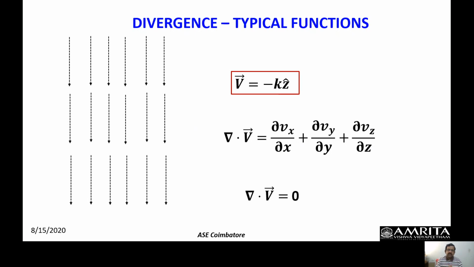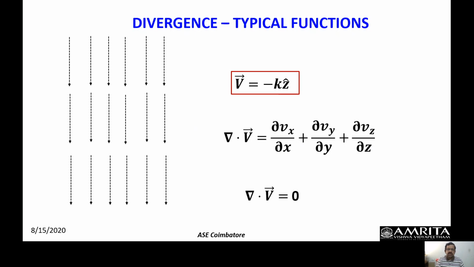But the contextual sense of divergence in reference to electromagnetics is that we will see del dot B to be equal to 0. In fact, this is one of Maxwell's equations, so we'll talk about it. Such a field, where it is uniform both as a function of spatial coordinate as well as direction, will always give del dot v equal to 0. Then the vector function is known as a solenoidal function.